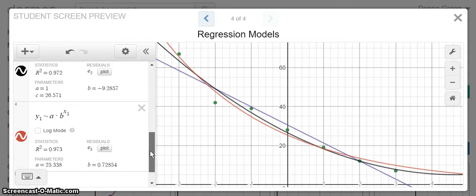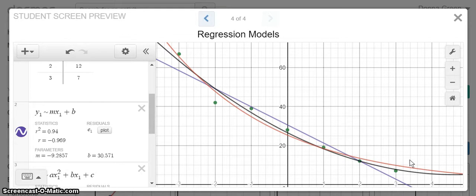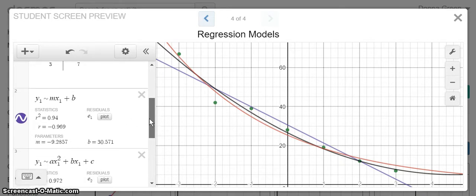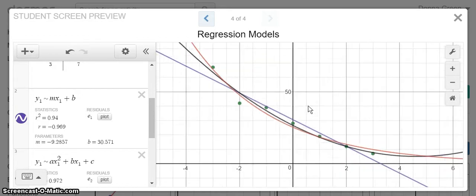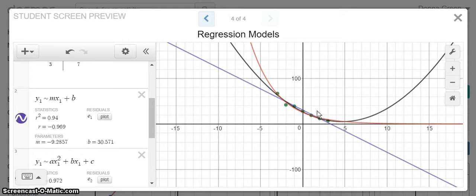If you had to pick one, the exponential one would be a better fit, but they're all quite close within that domain. Maybe the exponential and the quadratic a little bit more than the linear, but given the domain, you can quite easily zoom out and talk about what would happen if you were extrapolating versus interpolating. Again, there's no other program out there that can do anything with that kind of power.